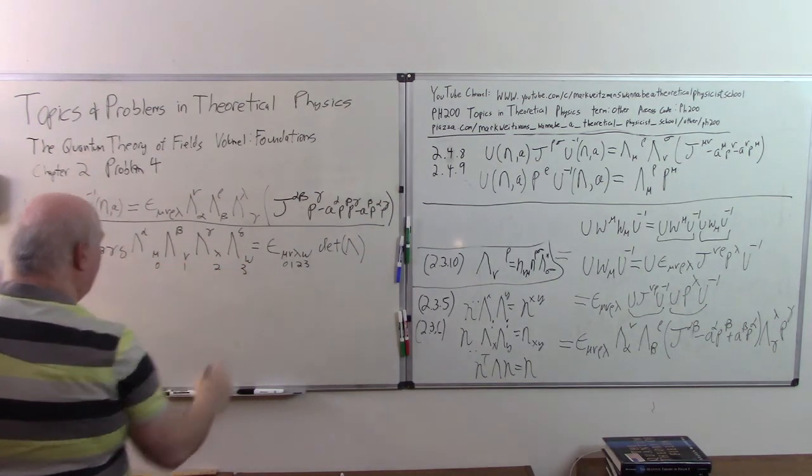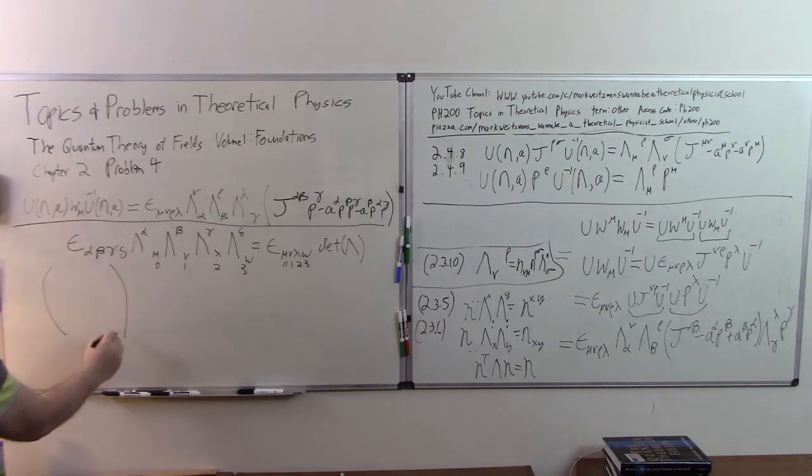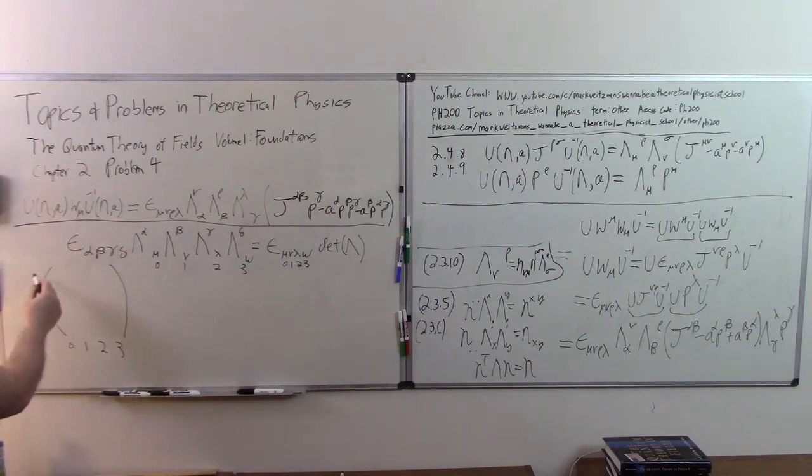is we have a matrix and we're expanding on the columns. This is the 0 column. And we're taking an element of this column, like here, and multiplying by an element of this column, then an element of this one, and then this one.